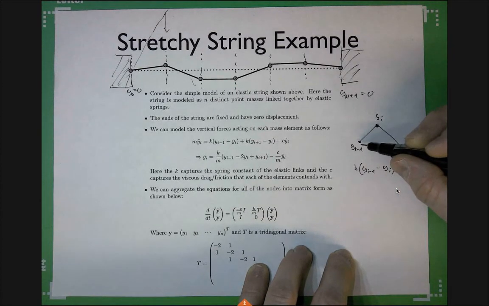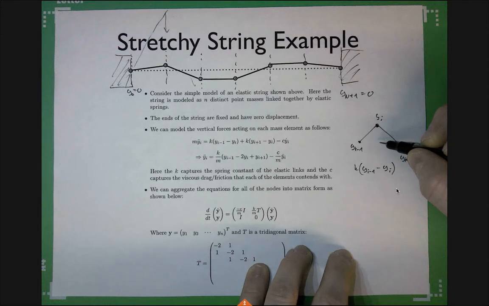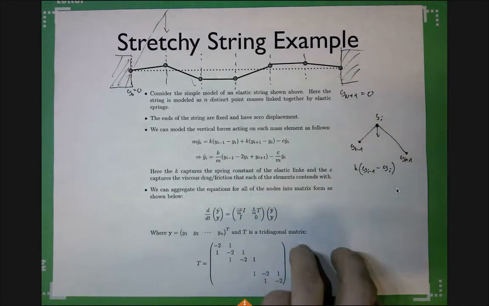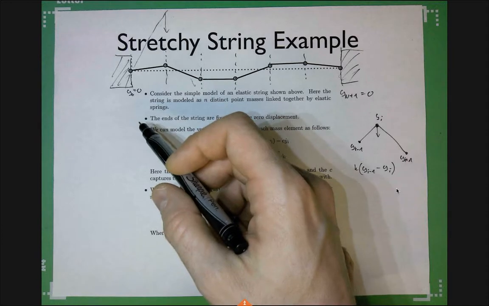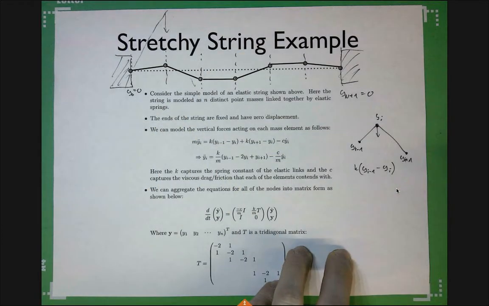If this is below, then the force will act this way, it wants to go back. It's not really a real spring, it's a linearized spring, but it works for this example.